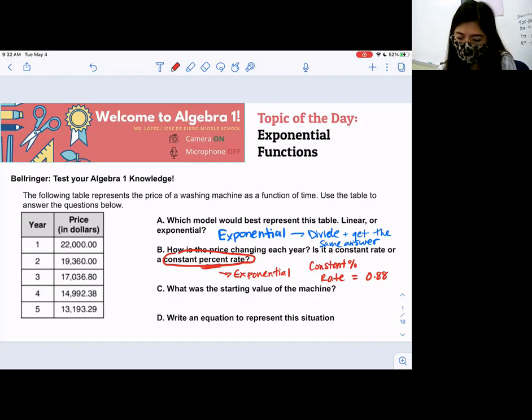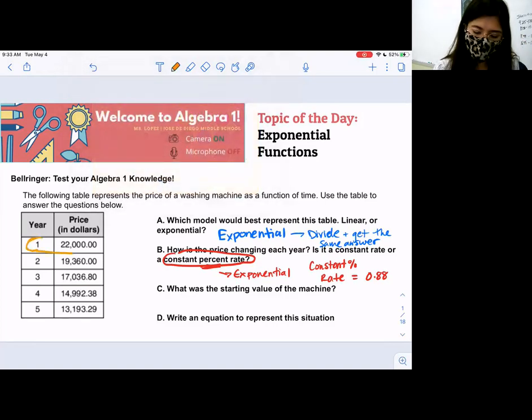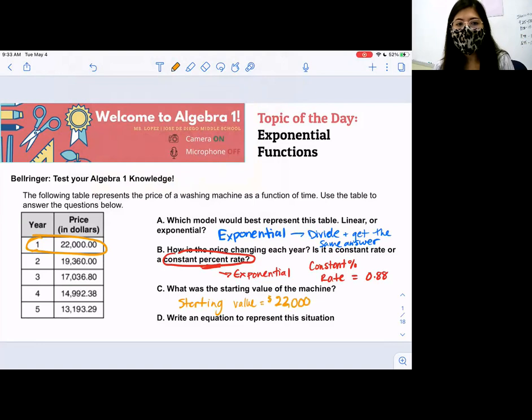But in this case, there is no y-intercept because they're talking about it like in the first year, it was 22,000. So you can think of that as the starting value. Instead of having it as a 0, they put it as a 1. But that's okay. You always want to just look at the top number. $22,000.